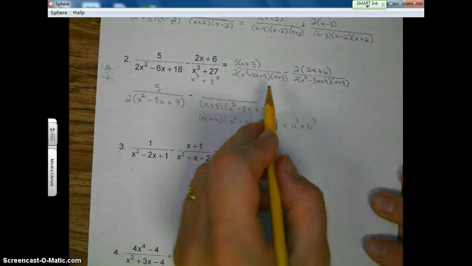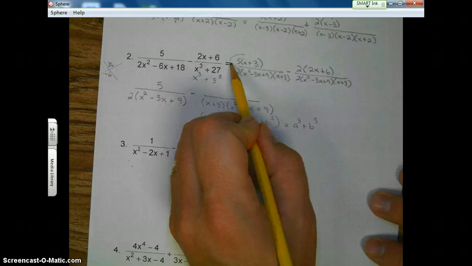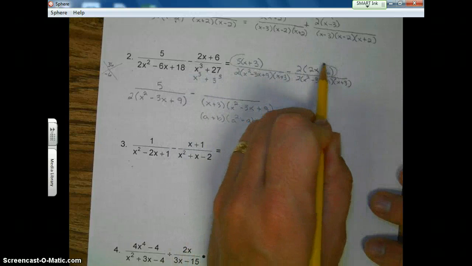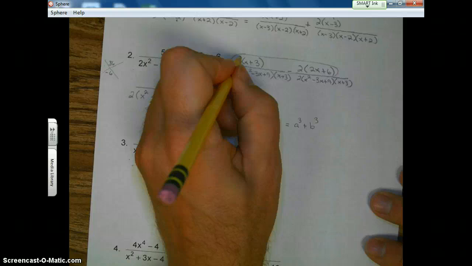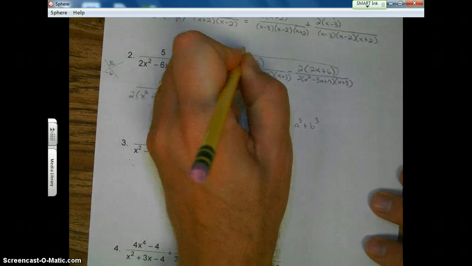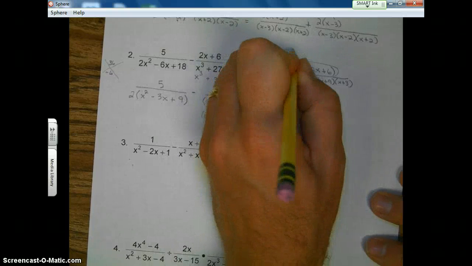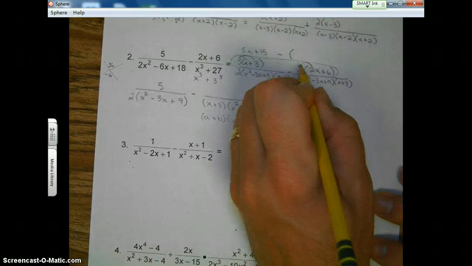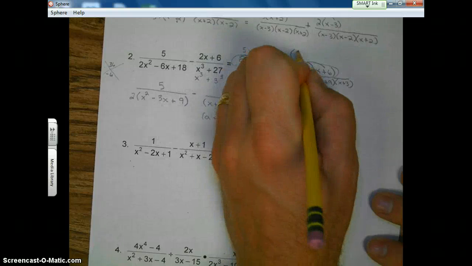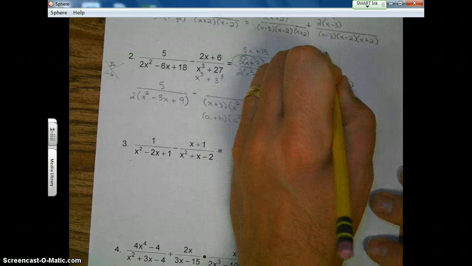Now that we have a common denominator, we need to simplify the numerator. So let's do it right above. Distribute 5x plus 15 minus, distribute the 2, so we get 4x plus 12.